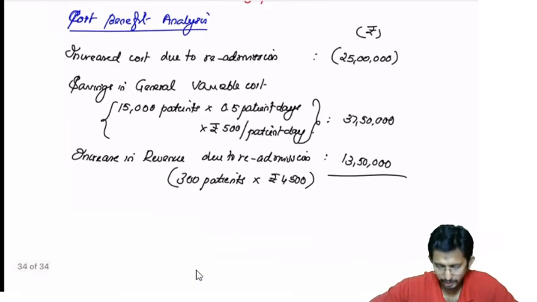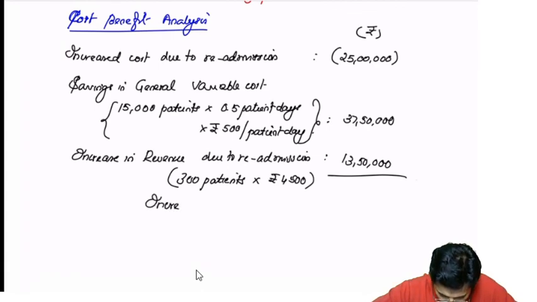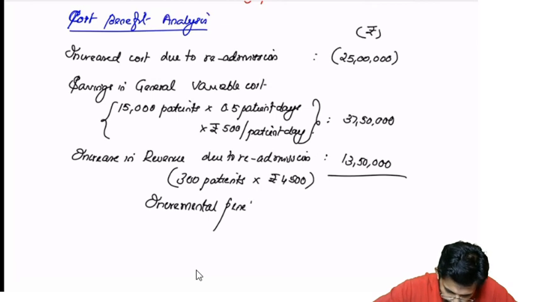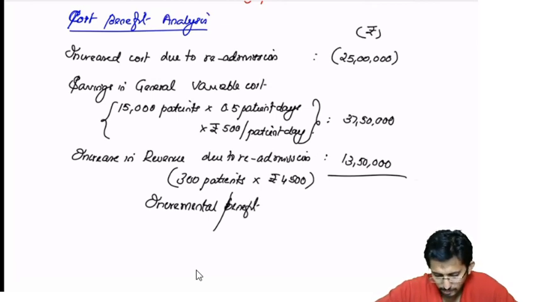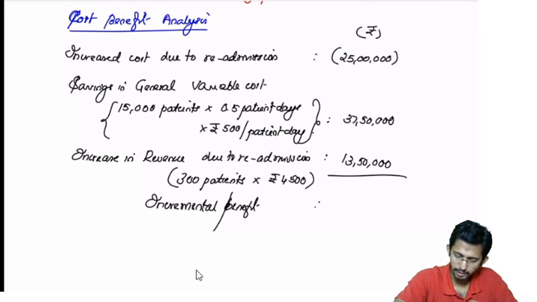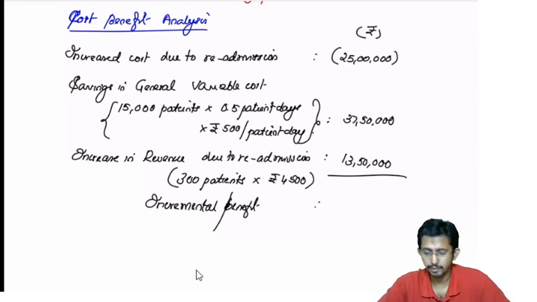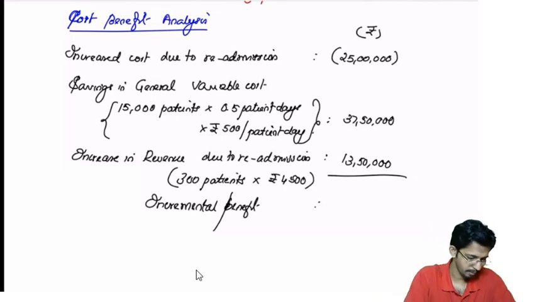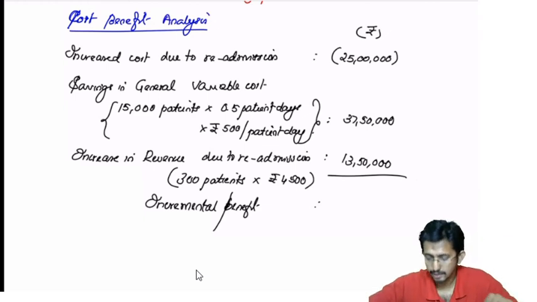Therefore, incremental benefit: minus 25 plus 37.5 plus 13.5, they say that you have a benefit of 26 lakhs.